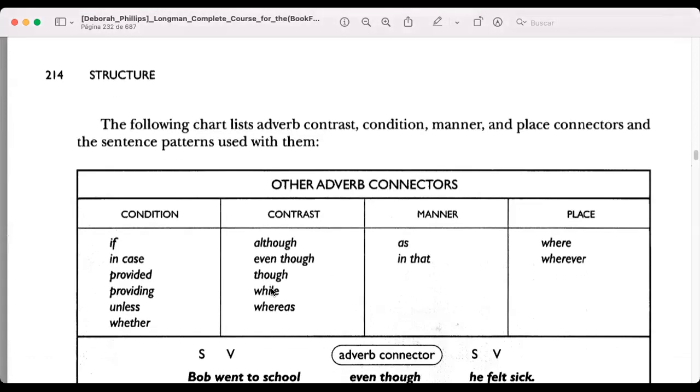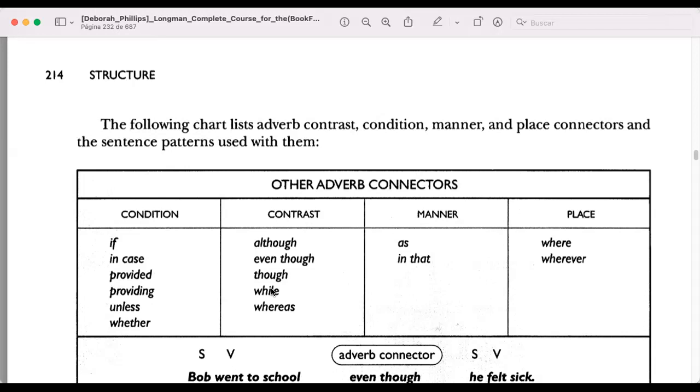So we have this list, this part that helps us to identify the other connectors. We have condition connectors, contrast connectors, manner connectors, and place connectors. This is something you must recognize.